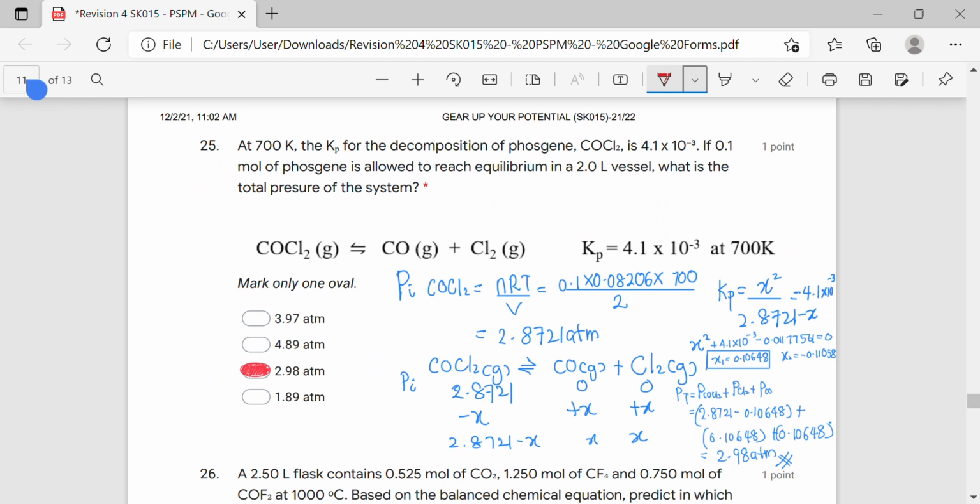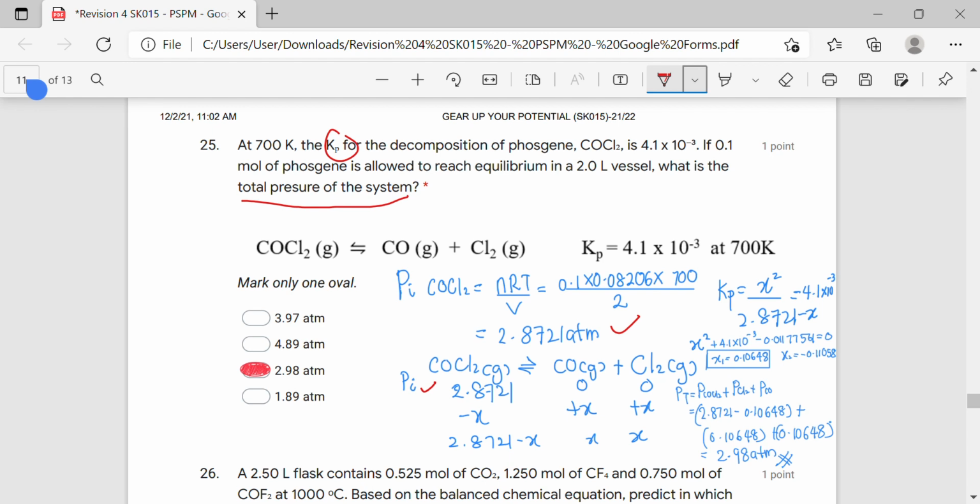What is the total pressure of the system? Given Kp 4.1 exponent -3. Now we need to construct an ICE table. Before making the ICE table for pressure, first we get the partial pressure of COCl2 using PV equals nRT, then substitute into the ICE table.